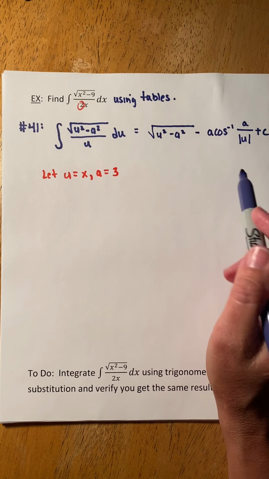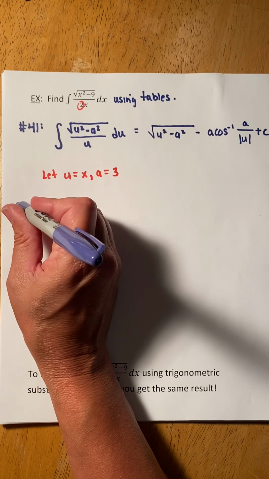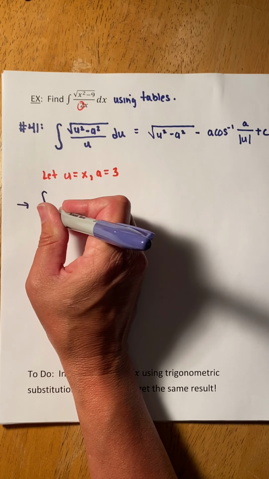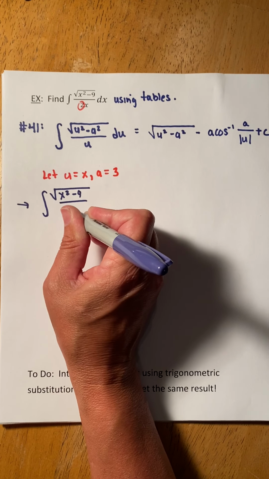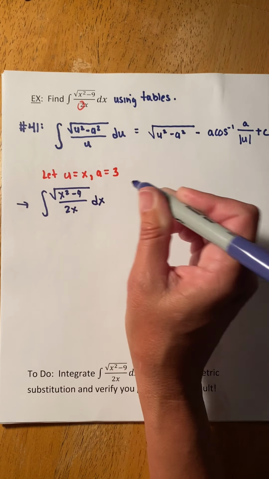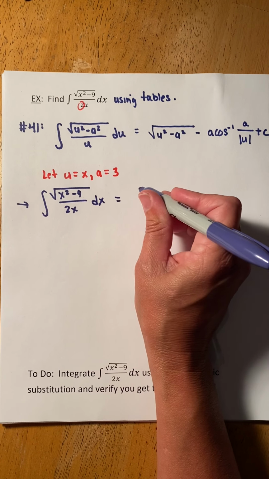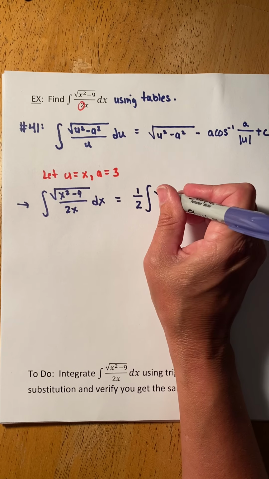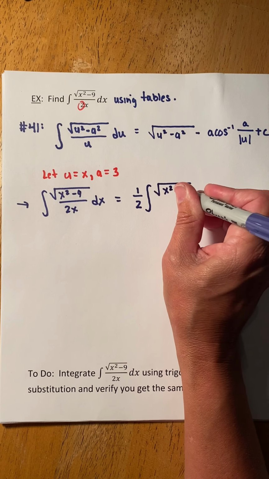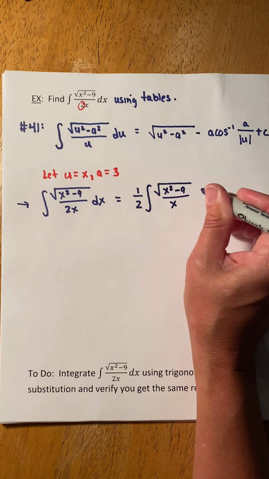Well, don't forget that's just a constant, and we can pull a constant out. So my integral is really the square root of x squared minus 9 all over 2x dx. I'm going to bring that 2 out front, but a 2 in the denominator is equivalent to 1/2 out front of the integral. So the square root of x squared minus 9 all over x dx.